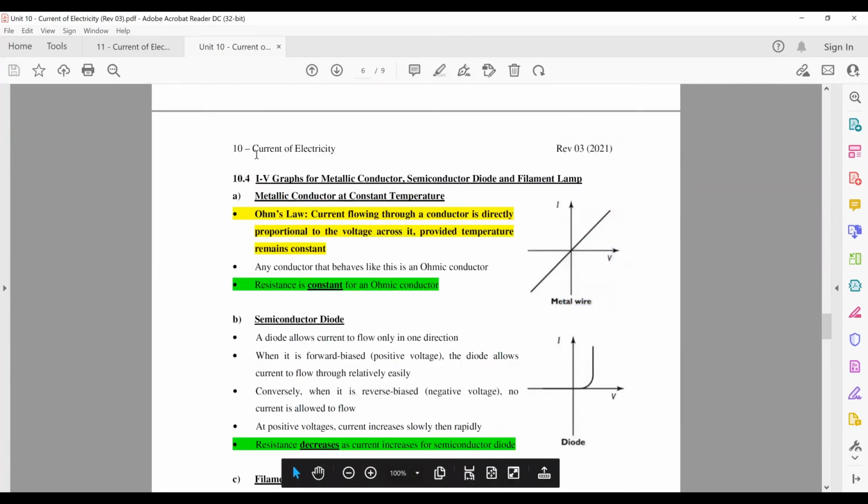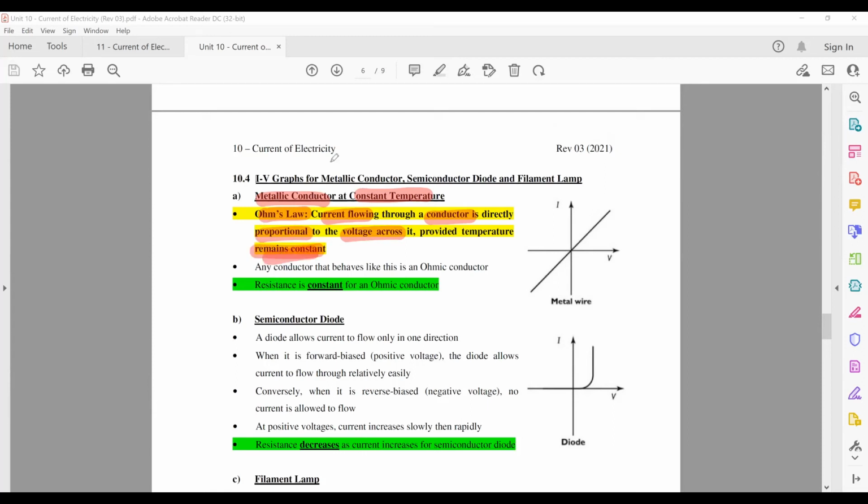Okay, so now you have metallic conductor at constant temperature. Now there's something called Ohm's law. Ohm's law states that current flowing through a conductor is directly proportional to the voltage across it, provided temperature remains constant. Okay, here is saying that I is proportional to V, provided the temperature remains constant.